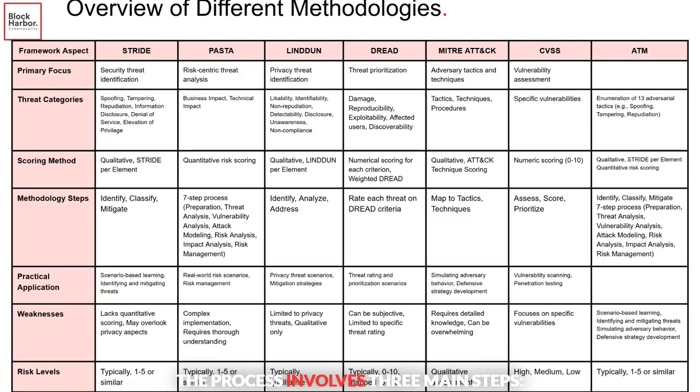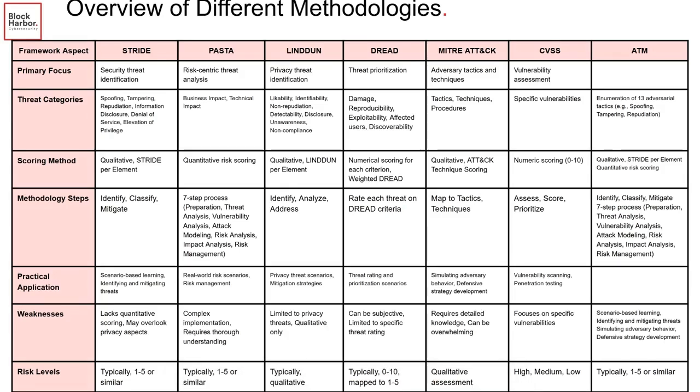The process involves 3 main steps: identify the threat, classify the type of threat based on STRIDE categories, and mitigate it using appropriate security measures. Strengths of STRIDE include its simplicity and effectiveness in identifying common security threats. However, it lacks quantitative scoring and may not adequately address privacy-related issues, which can be a drawback in more complex systems.